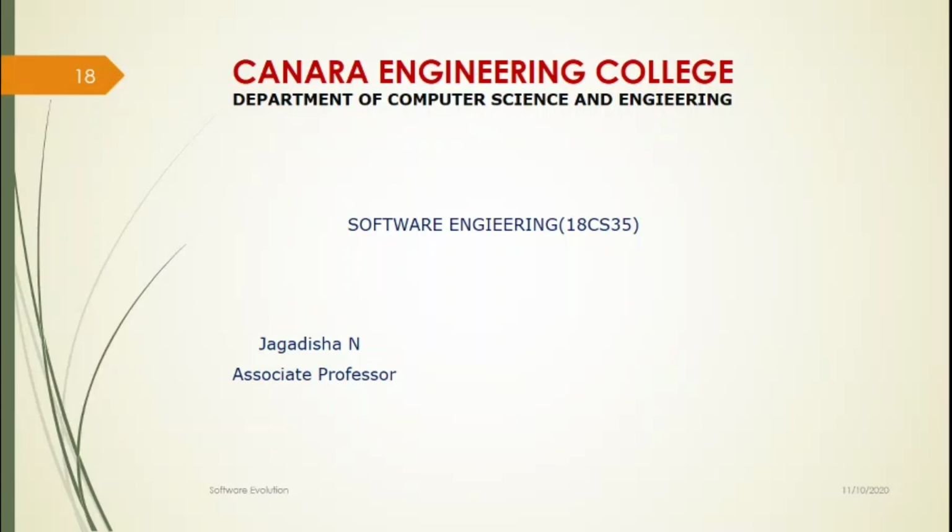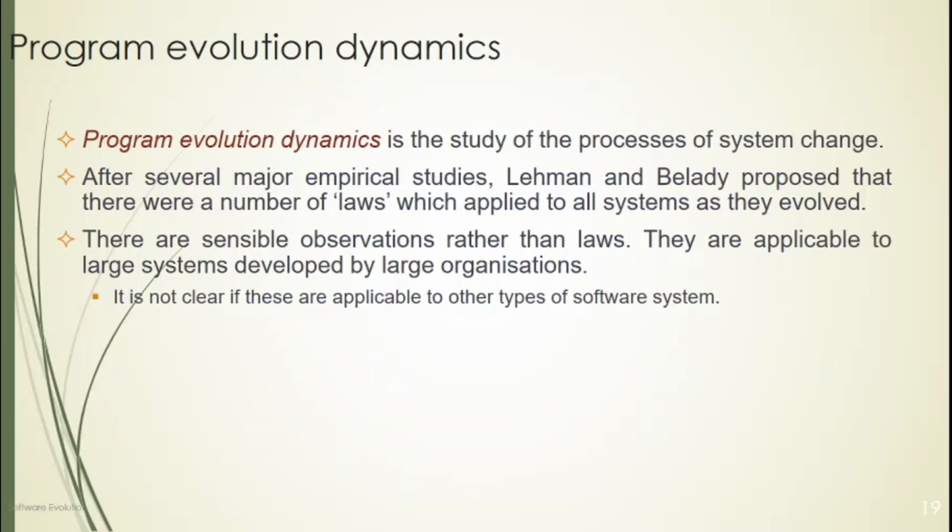Next topic we'll see is program evolution dynamics. Program evolution dynamics is the study of the process of system change. Whenever there is a change in a software system or application, the process of the change is called program evolution dynamics.